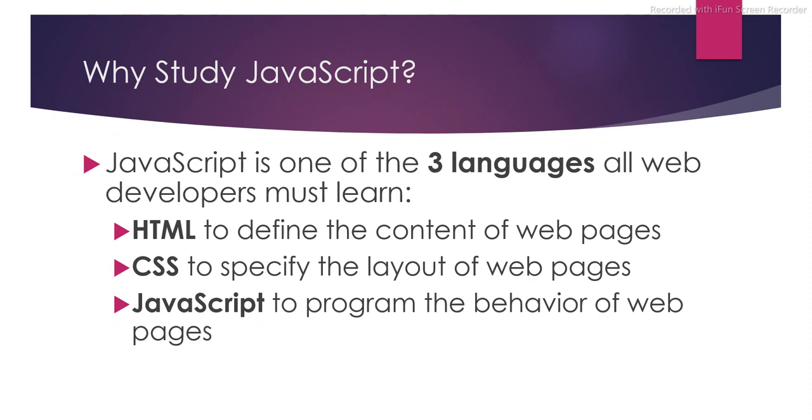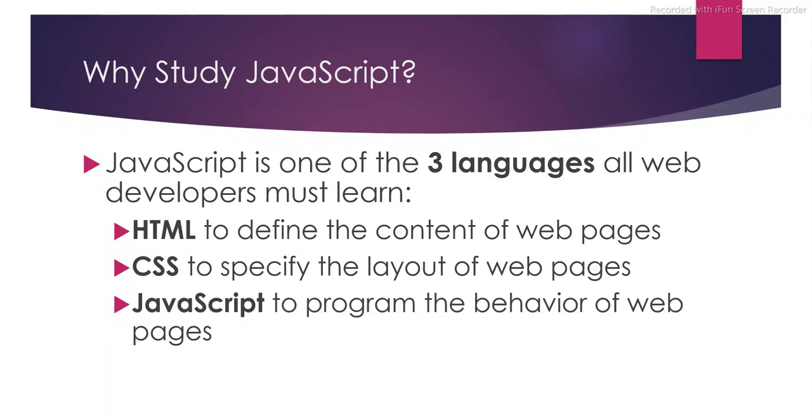Why do you need to study JavaScript? JavaScript is one of the basic languages used for web development. These three are unavoidable: HTML, CSS and JavaScript. These three are the basic fundamental concepts you need whenever you want to do any web development.